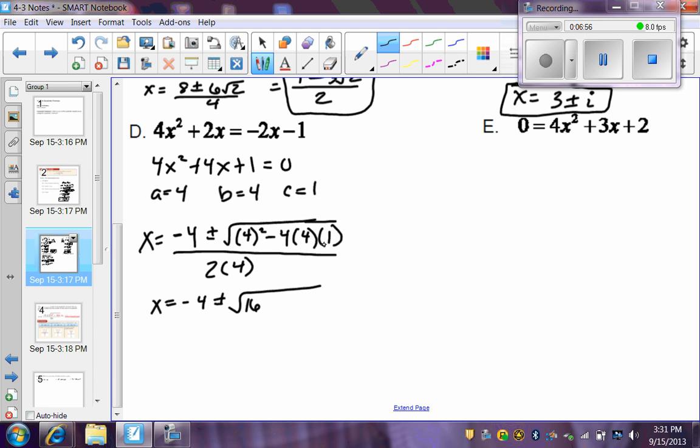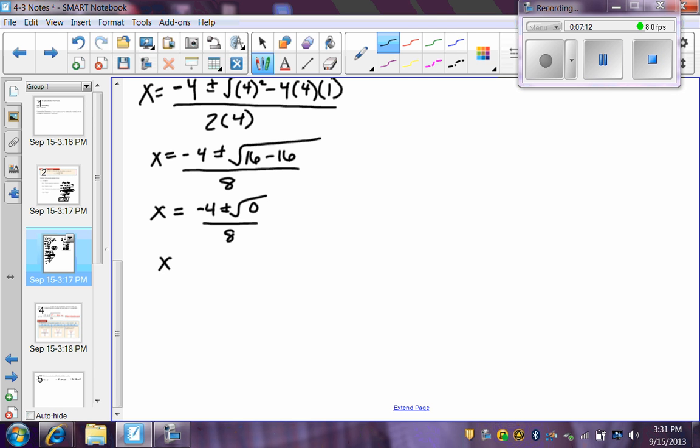Negative 4 times 1 times 4 is negative 16, all over 8. So that gives me x equals negative 4 plus or minus the square root of 0 over 8. Well, the square root of 0 is just 0. So then this is really just x equals negative 4 over 8, and that reduces to x equals negative 1/2.